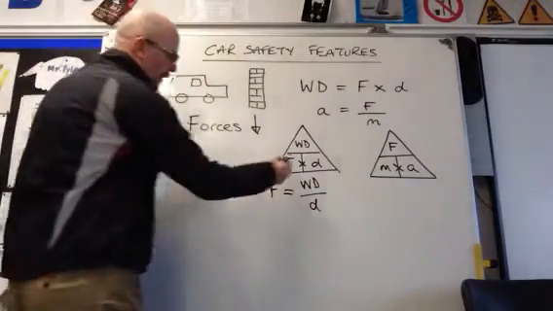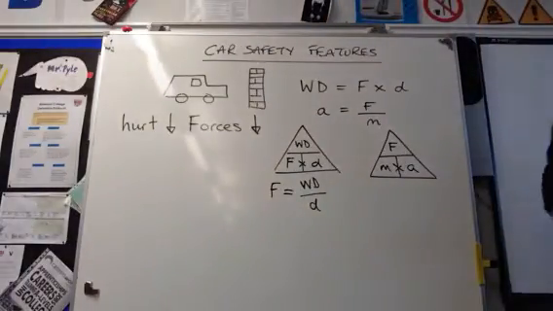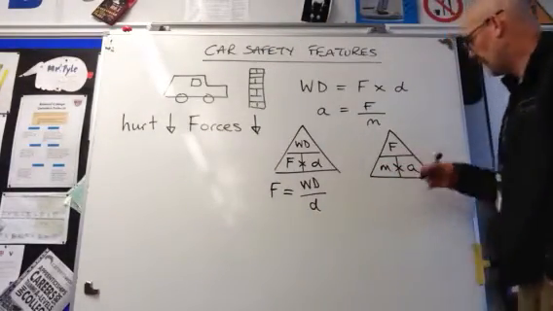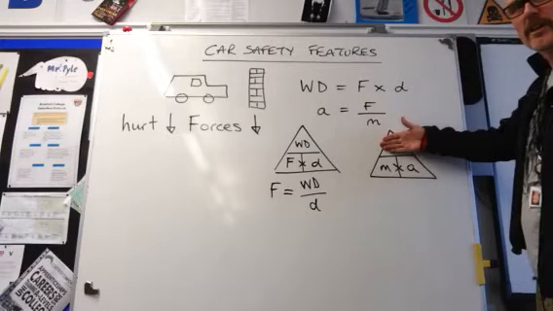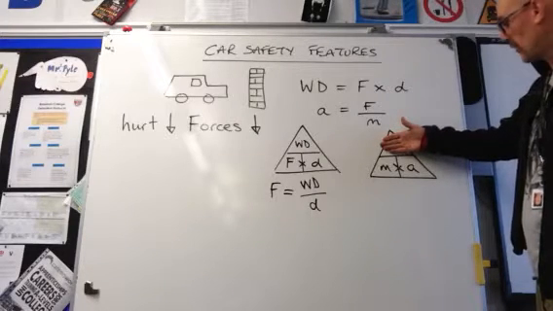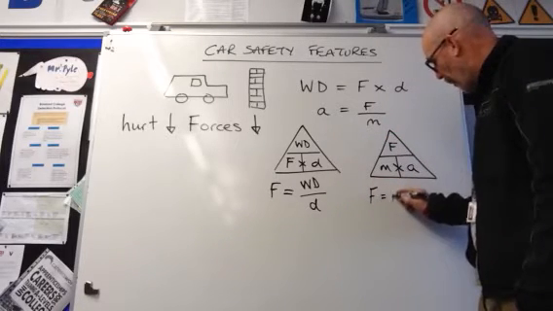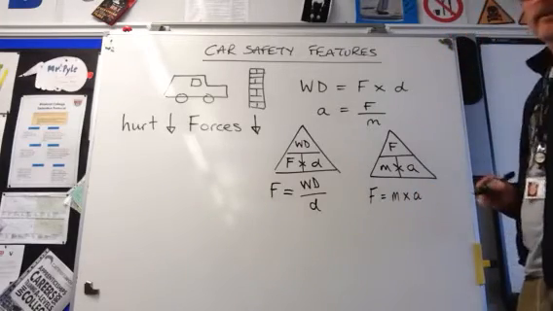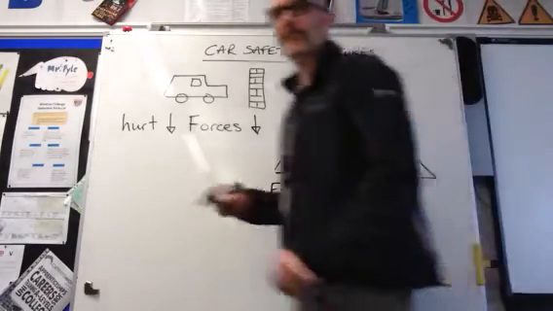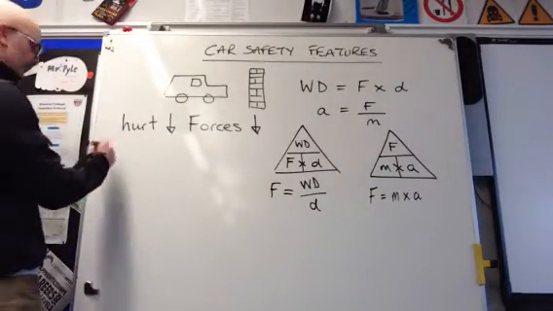Similarly, on this side, we cover up the thing we want to find out, which this time is the force, and we see that it's mass times acceleration. So we can write that down. Now, taking those two, let's do one at a time.